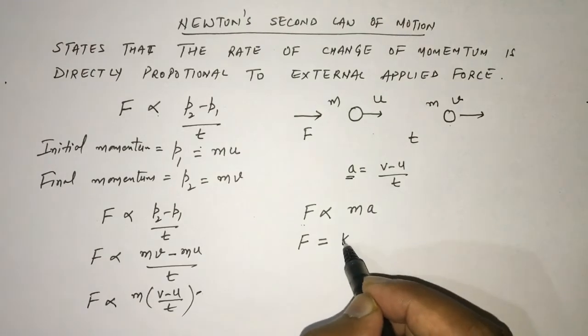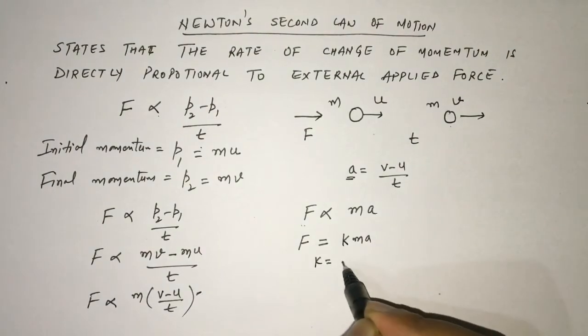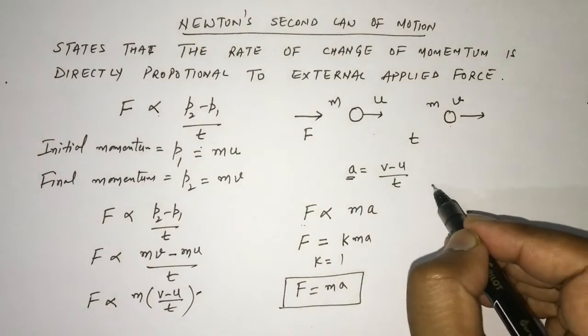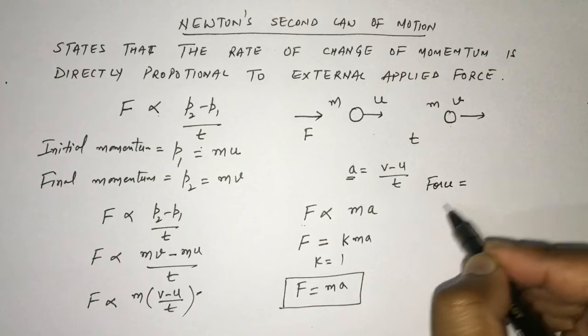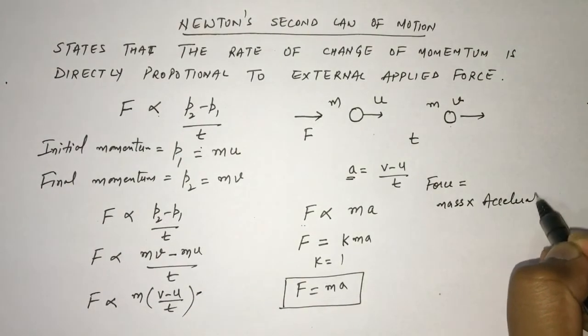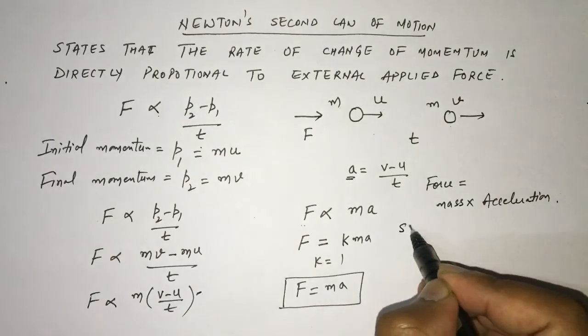Here the proportionality constant is k. The value of k is 1, so F becomes m into a. So here is the formula of force, the product of mass and acceleration. Force is equal to mass into acceleration.